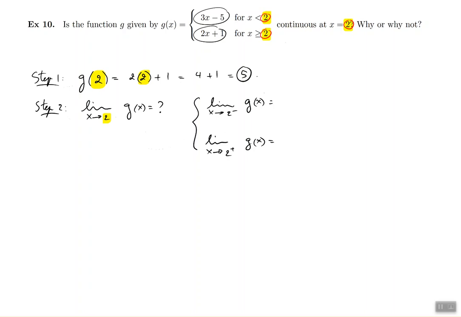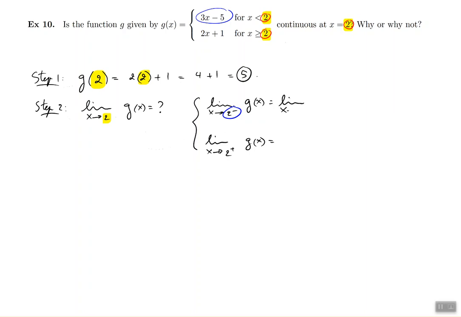Okay, so this one is saying x is approaching 2 minus, so you're slightly less than 2. So which equation do you use when x is smaller than 2? When x is smaller than 2, we use the first equation. So that's the equation that I'm going to use for the first problem.